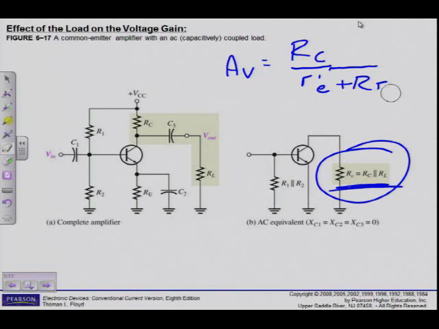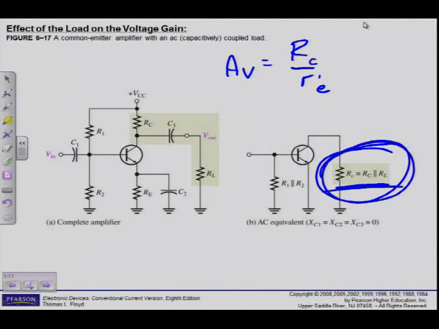So let's go back to our maximum voltage gain, but now I have RC in parallel with RL, which gives me R lowercase c. So let's change this to R lowercase c. Okay, that's a lowercase c, which is now RC in parallel with RL.